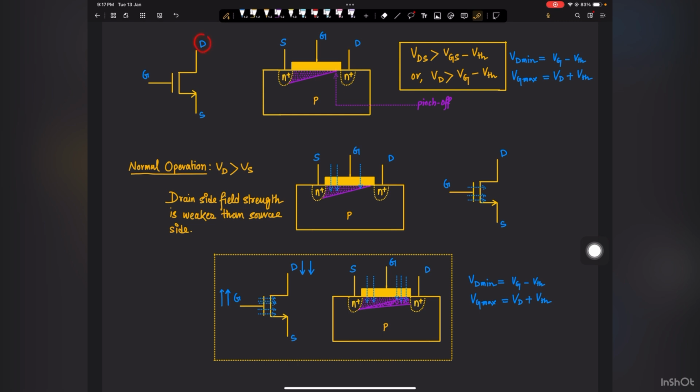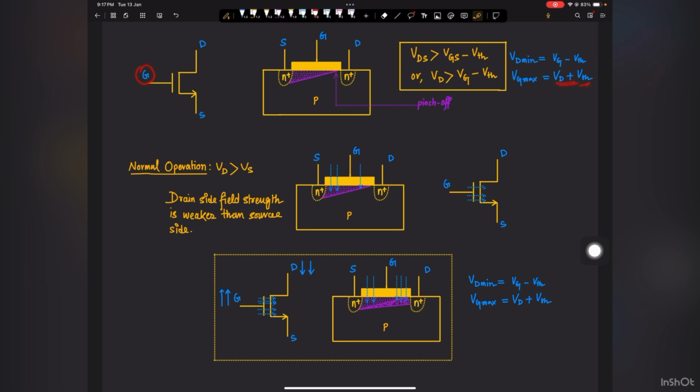And if the drain potential goes below one threshold voltage compared to the gate voltage, then the transistor will go into the triode region again. So you can definitely write that VD min is VG minus Vth, and VG max is basically VD plus Vth.